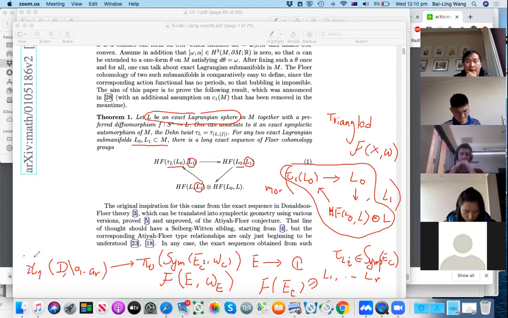So this is what you want to prove. You want to prove a braid relation on this level. It's faithful, yeah. Faithful, okay. So before that, we need to understand this Dehn twist.